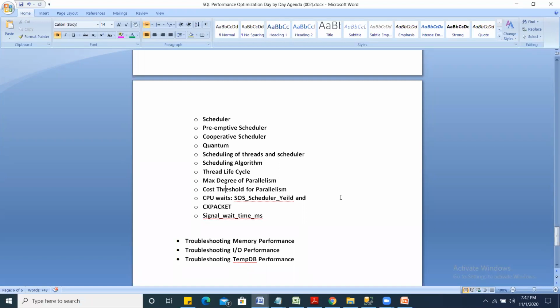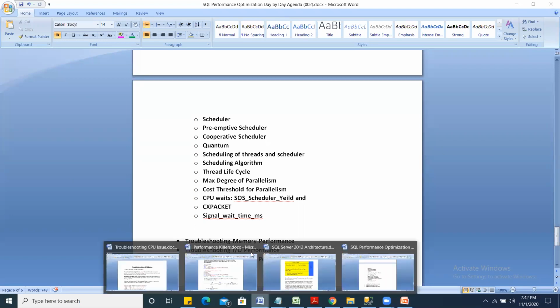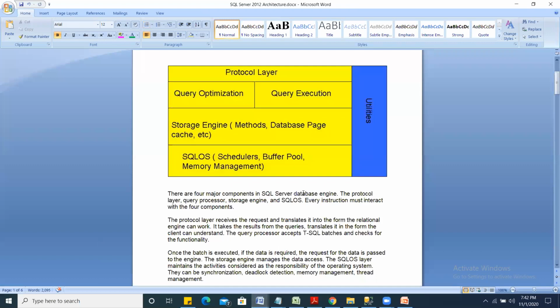So let us start to understand all these things from the very basics, from the concept of SQL OS itself. Can anybody tell me what SQL OS is and what it does, why it was introduced in SQL Server architecture?